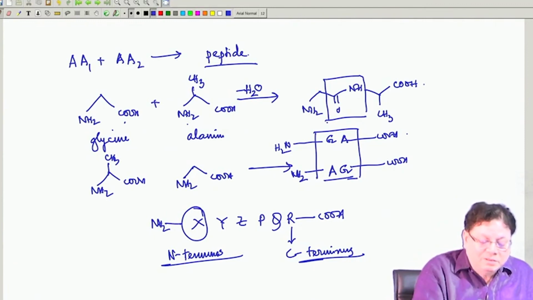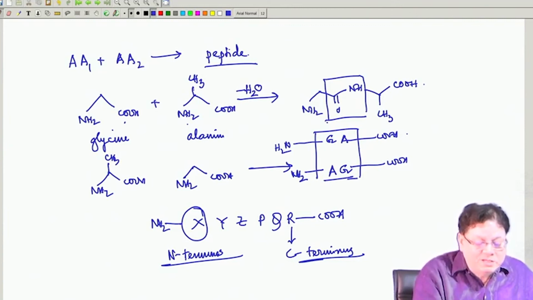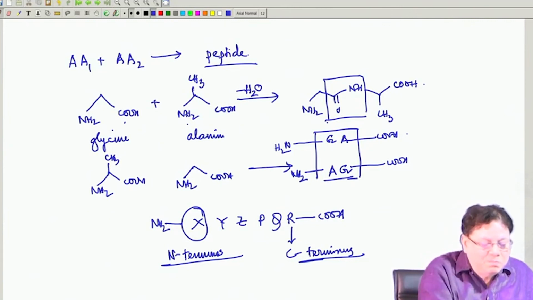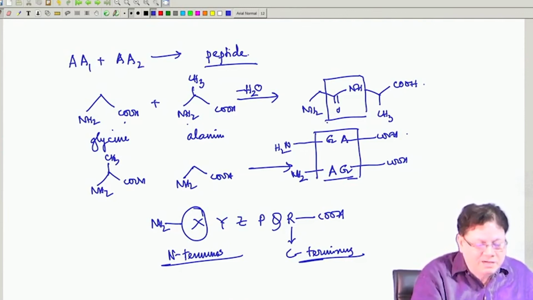So, now there are two things which are very important. One is how to synthesize peptides. How do I do this reaction? I say this is thermodynamically favored, but this is kinetically disfavored. This has got a very high activation barrier.